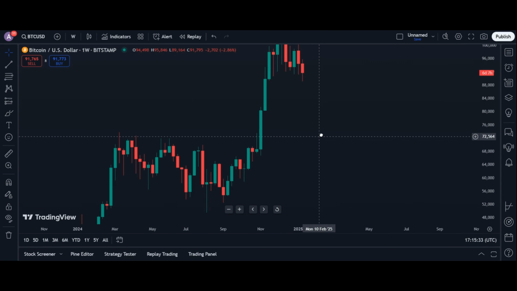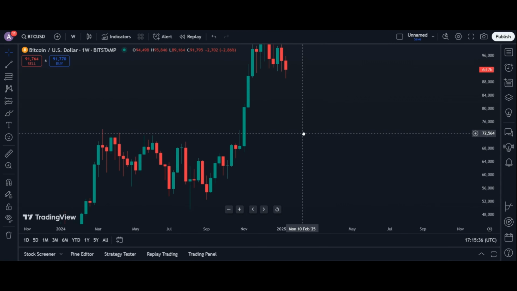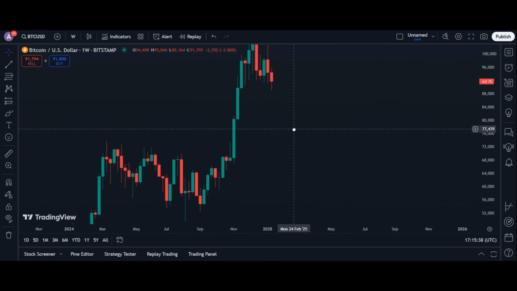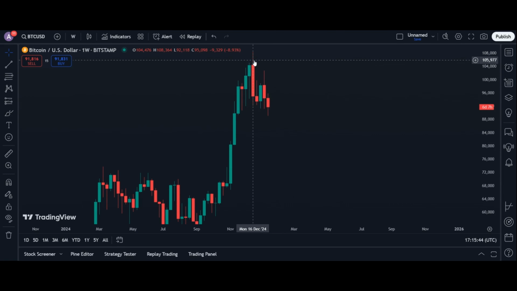Also, if we want to define the trend of the market, from this point, which is September till December there was a sharp uptrend, and after that you can see that the price decreased from approximately $108,000 to $88,000, a little decrease in the price of the market.